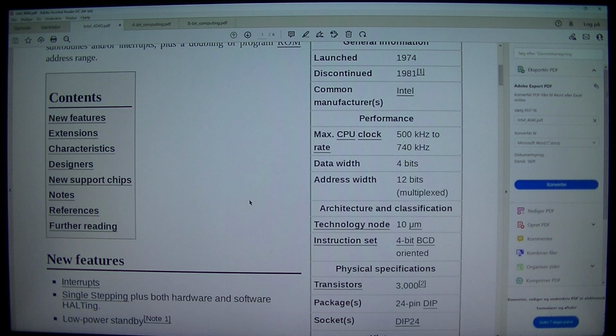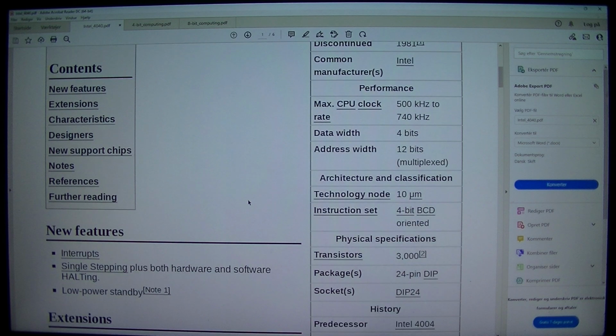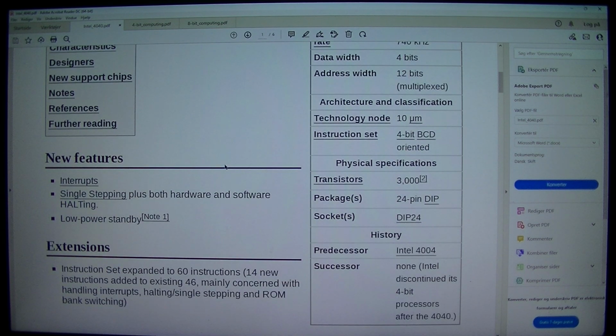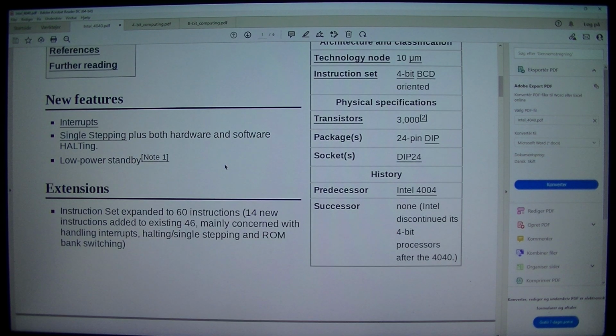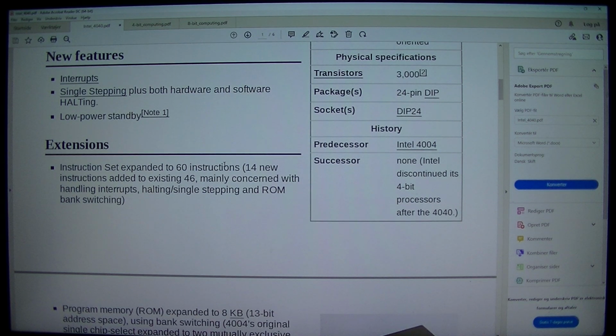Contents. New features. Extensions. Characteristics. Designers. New support chips. Notes. References. Further reading. New features: interrupts, single stepping plus both hardware and software halting, no power standby, note 1.